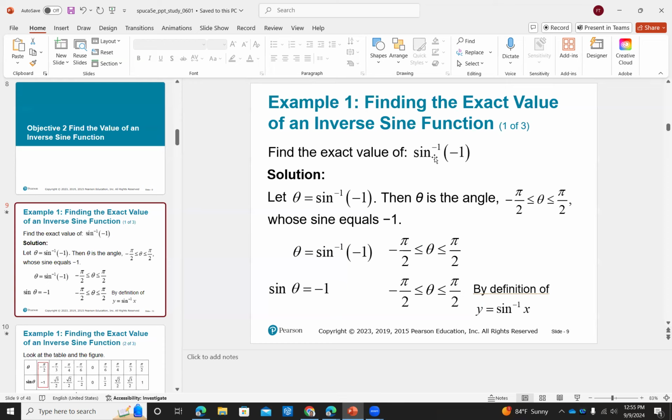I know that sine of 90 degrees is 1, and sine of -90 is -1, right? Because sine is an odd function, so if you put a negative before the angle, it will affect your y value. Therefore, the expected answer will be -pi/2.